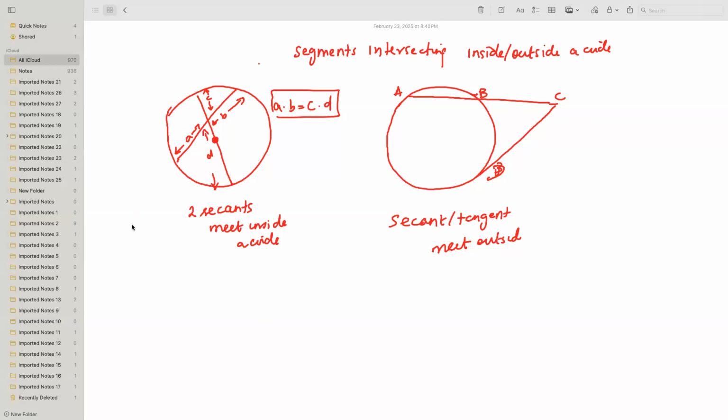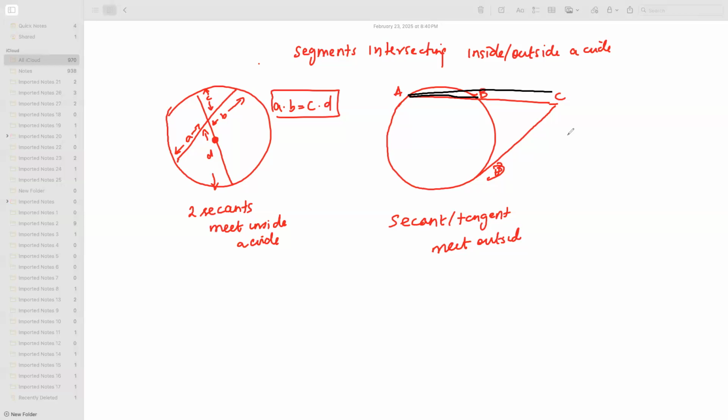In this scenario, where a tangent and a secant meet outside the circle, AB times AC will be equal to CD square. Does it make sense? These are quite important, guys. This is the secant tangent rule.